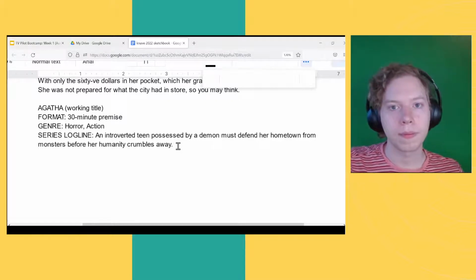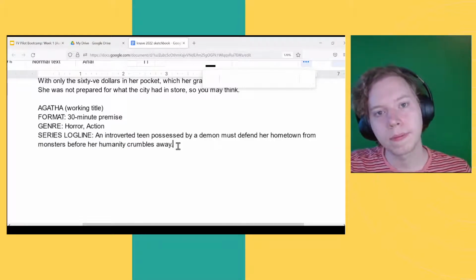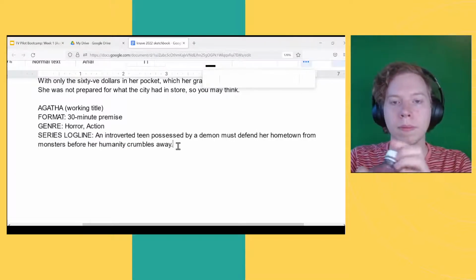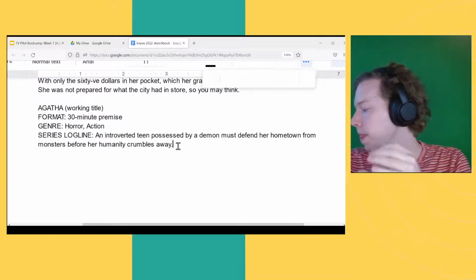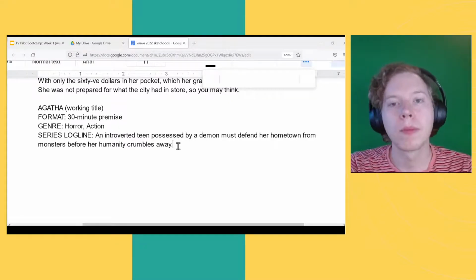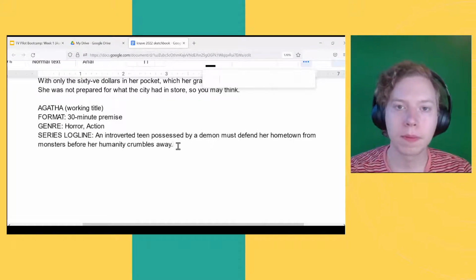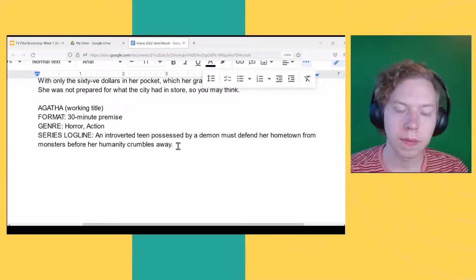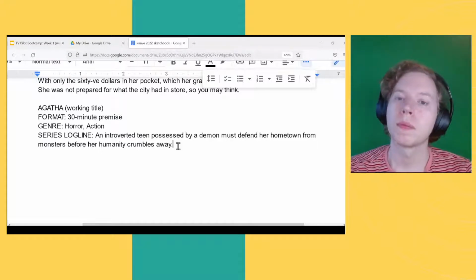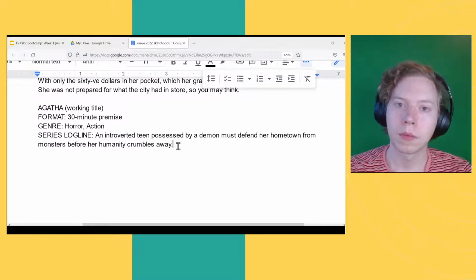I don't have a ton of details so far, but the idea is that this is a remote, isolated town in rural Canada. So it's cold, surrounded by woods, a very isolated location, and in those woods is obviously a malevolent supernatural force. I haven't specified a religion that I'm basing this off of yet, but some kind of demonic entity lurks out there, and it is possessing people, turning them into monsters.